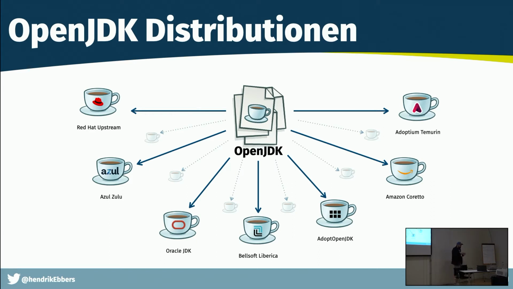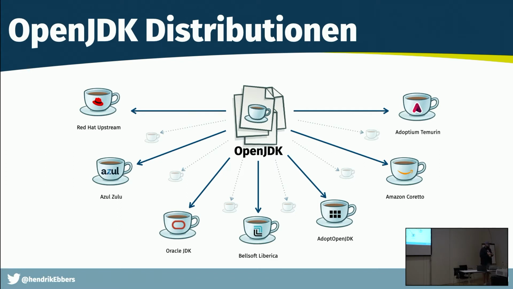And to be fair, this is not a correct question, because all the other JDKs, like Bellsoft Liberica, AdoptOpenJDK, Amazon Corretto, the Red Hat upstream builds, Azure, are all built based on the sources of the OpenJDK. So they are all OpenJDK releases. Even the Oracle JDK is an OpenJDK-based release because they all use the sources that are defined and stored in the repositories of the OpenJDK.